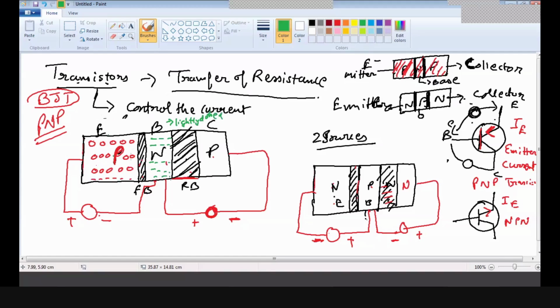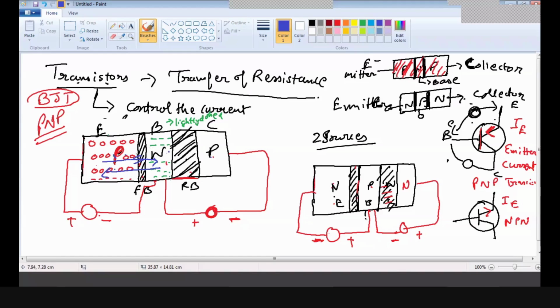Okay, so when you connect the source, this junction will be forward biased. So what will happen? The holes try to move toward the base, and the electrons will try to move towards the P, the emitter, right? So they will combine, but there are more holes, so they will travel through the base to the collector, right?